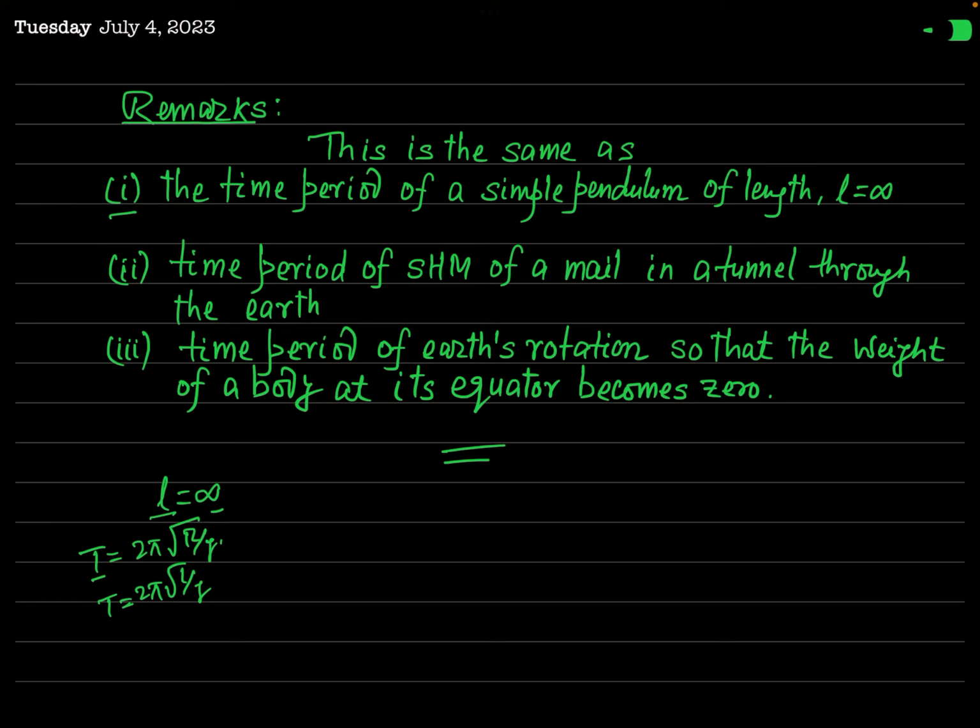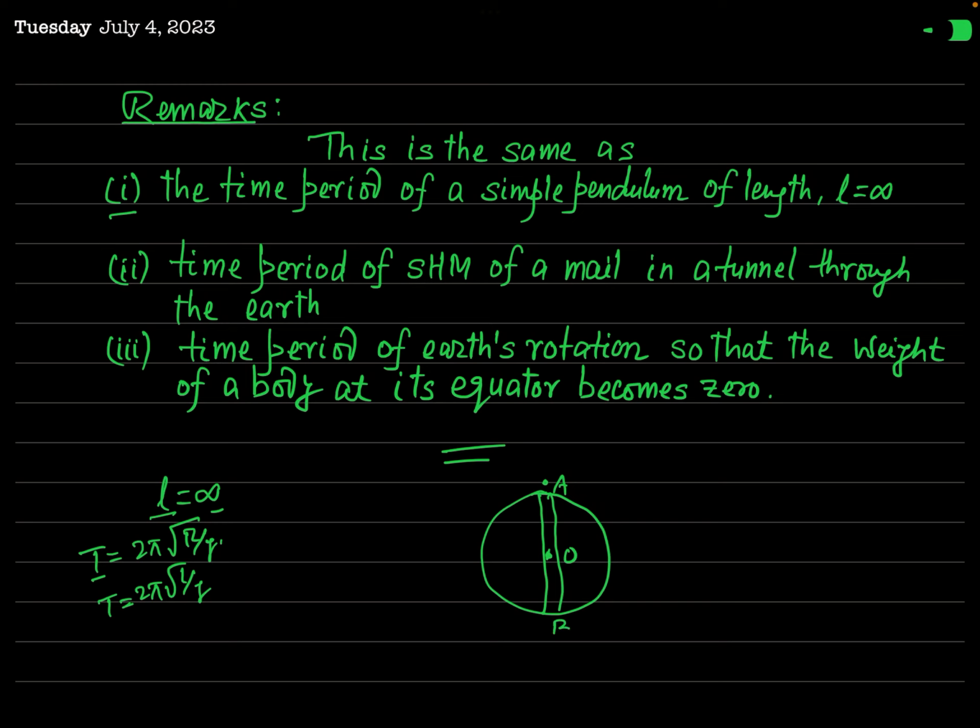Another important example for the same time period you will see in the chapter gravitation. Let us say you make a tunnel through the center of the earth, and you drop a particle from one end of the tunnel.